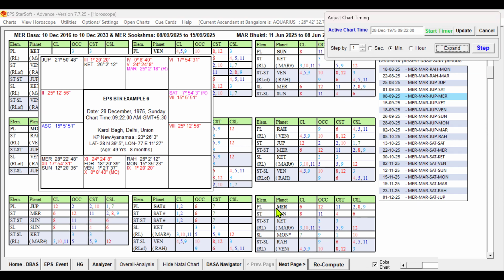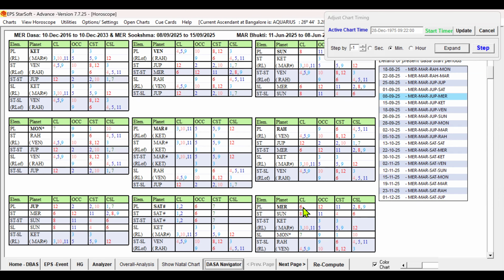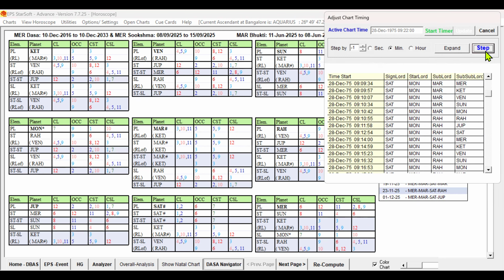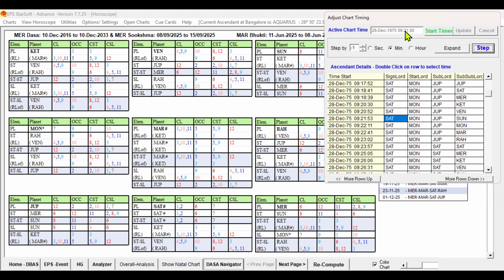Just look at this, Mercury 6 CSL, and Sun 6 sublord. These two things have to get changed. The 6 sublord has to be moved. It has to lose its 6 sublord ownership, and the CSL of Mercury not only 6, some favorable 9 also has to come. Let us check. 1 minute I reduced, 9:21. There is no change.